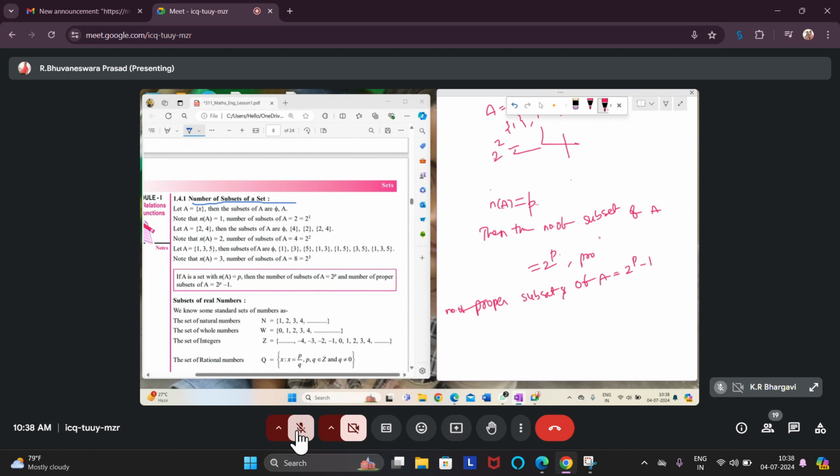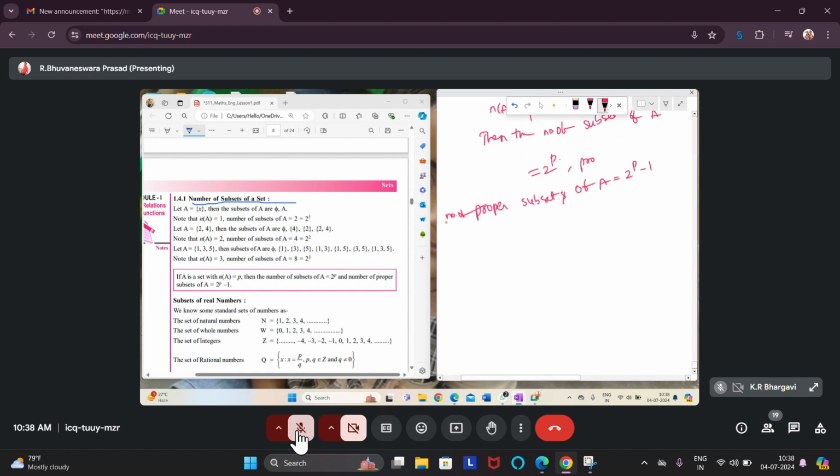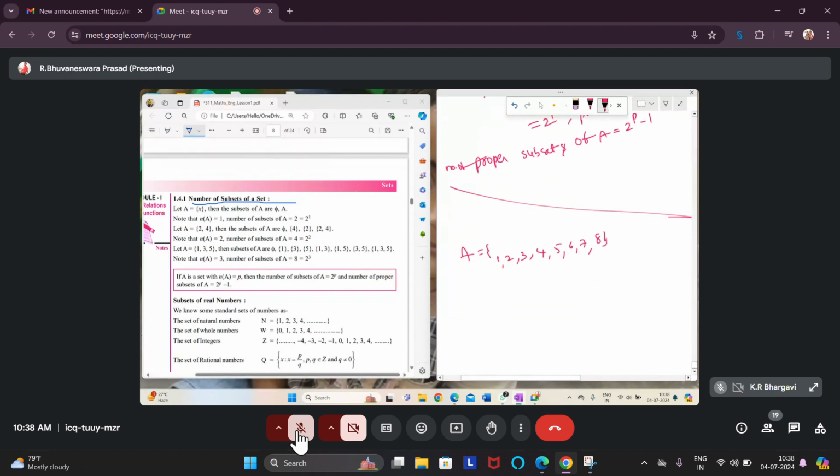For example, one more example I will consider here. A equals {1, 2, 3, 4, 5, 6, 7, 8}, 8 elements. Okay, so this is the main set, and I am forming here a number of subsets, only number of subsets. So this is the condition, number of subsets.